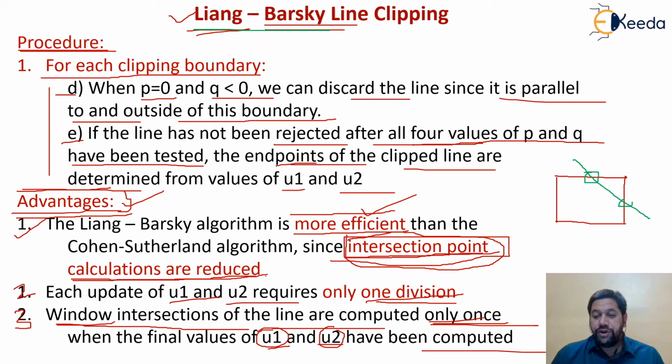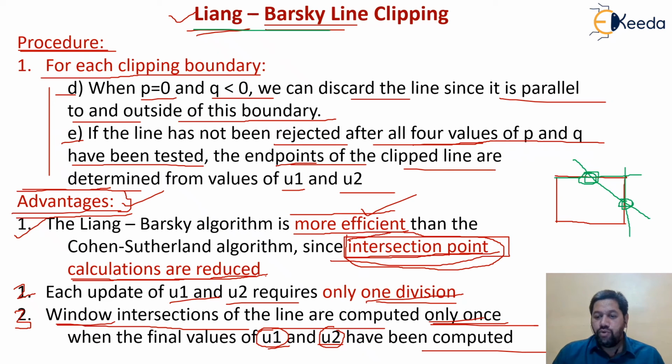There are two intersection points, one with the top edge and one with the right edge of the window. Unless we find these intersection points, I cannot remove this part.